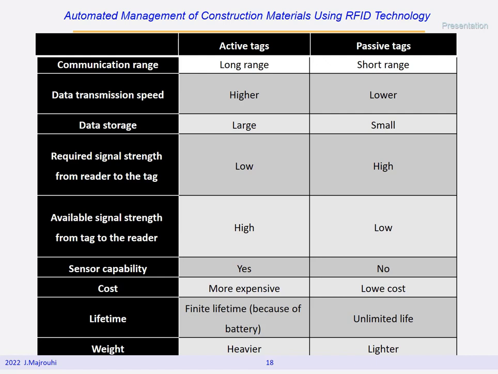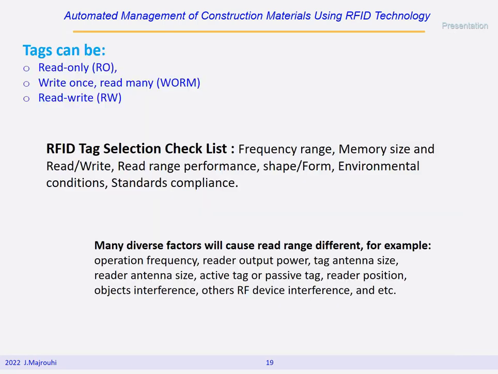Active tags also need lower signal strength from the reader to the tag. Their available signal strength from the tag to the reader is higher, and they are able to install another sensor. They are more expensive, their lifetime is limited because of the battery, and they are heavier than passive tags.